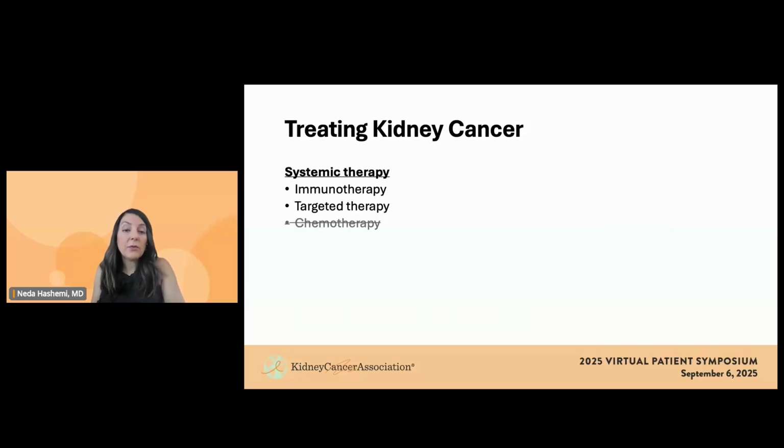And now we get into the systemic therapy. That's what I do as a medical oncologist. So systemic therapy is a treatment that you take through your vein or pills, and it goes through your whole bloodstream and kills the cancer. So there are two different groups of treatments for kidney cancer that we use. One is immunotherapy.